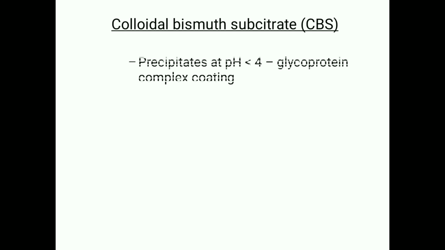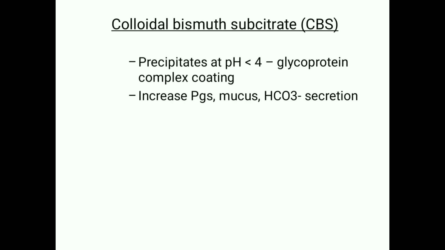Another drug in this category is colloidal bismuth subcitrate, which is a bismuth-containing compound, and this also precipitates at pH less than 4 into a glycoprotein complex which coats the gastric epithelium. Apart from this, it also increases the prostaglandin secretion, which is protective in nature, then mucus secretion as well as bicarbonate secretion.